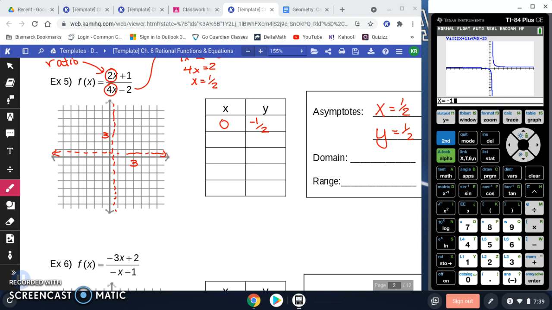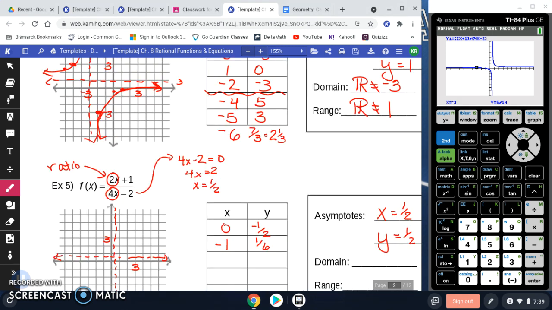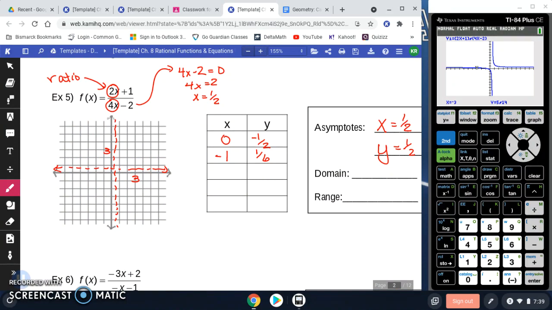So let's go back. Let's go negative 1. Okay, negative 1 is positive 1/6. And let's see, maybe a negative 3 is at 5/14. Okay, so these points, you're really going to have a hard time telling the difference, especially on our graph when you have such a little graph.